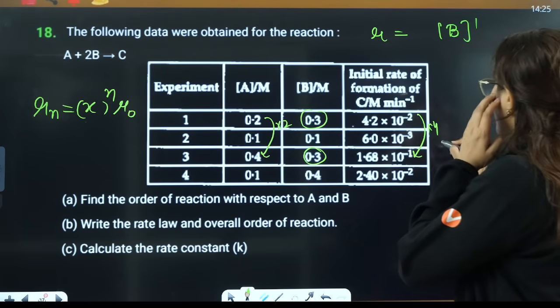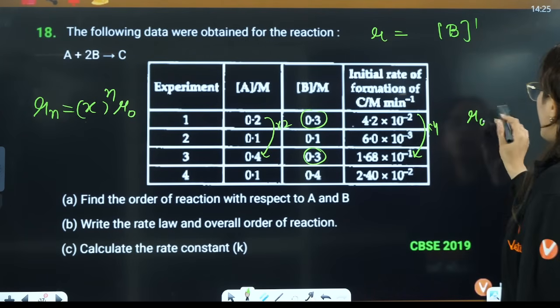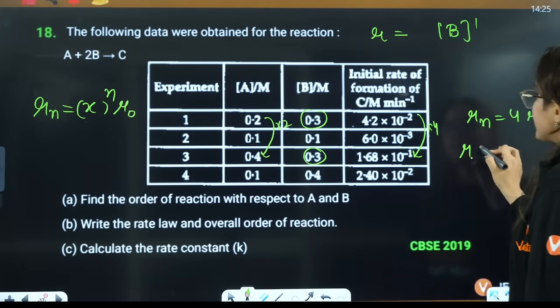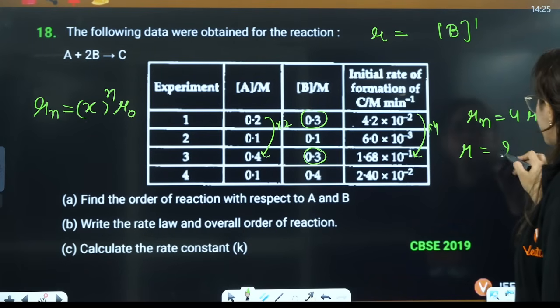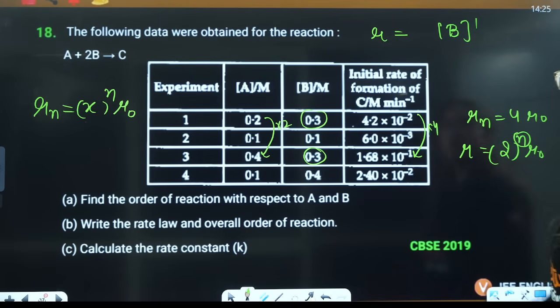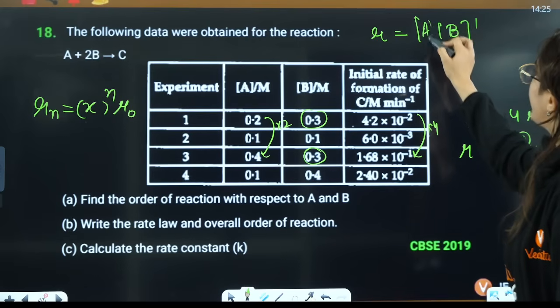This is increasing 4 times. So the new rate is 4 times the old rate, and the concentration is increasing 2 times, so 2 raised to power n. That means n should be equal to 2 here. So with respect to A, it is 2.